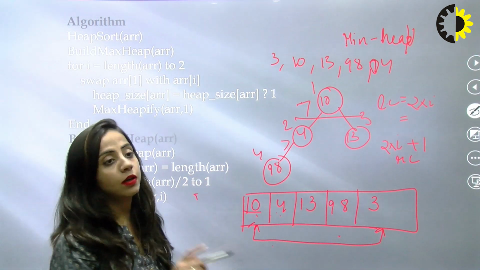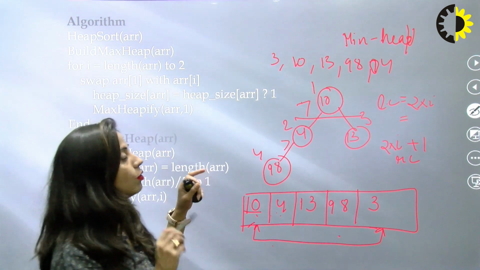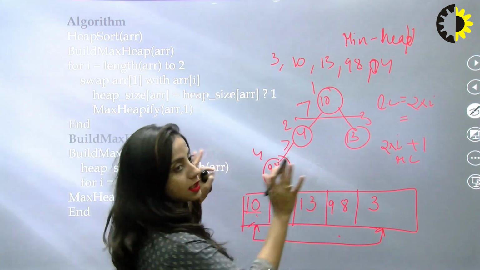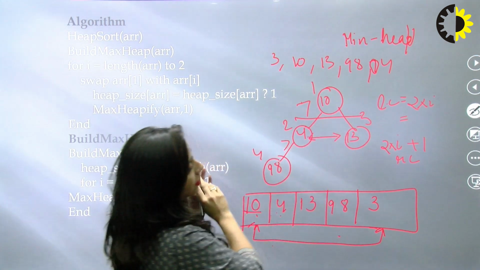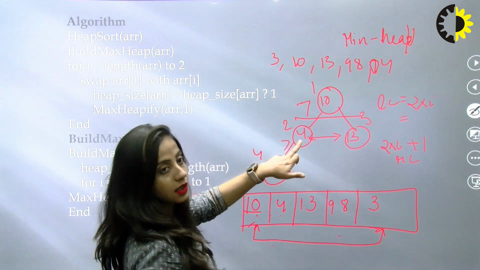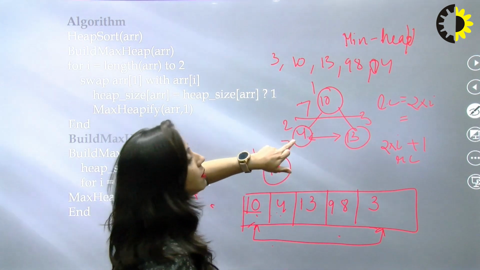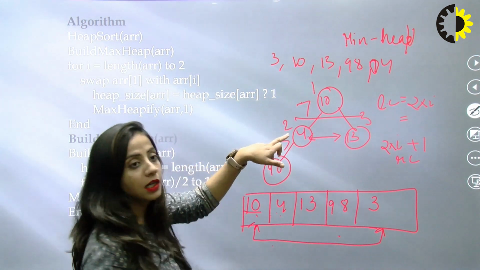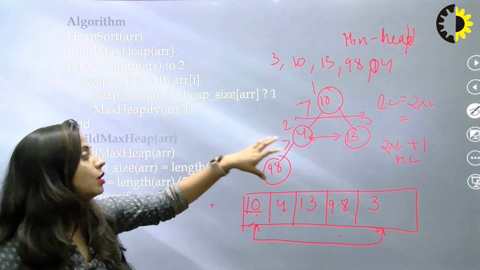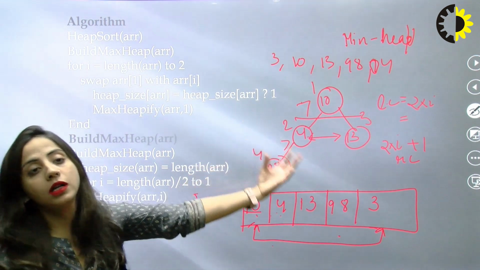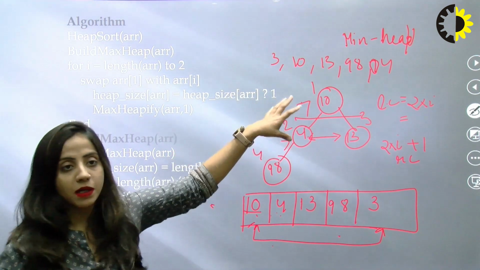Okay, let me tell you one more step before this. Whenever a node is deleted, first check the left and right child. The left child is 4, the right child is 13. Whichever has the minimum value, compare that node with the parent node. If the value is greater or smaller, in case of max heap or min heap, then perform swapping.